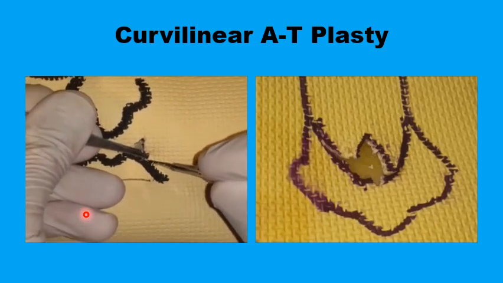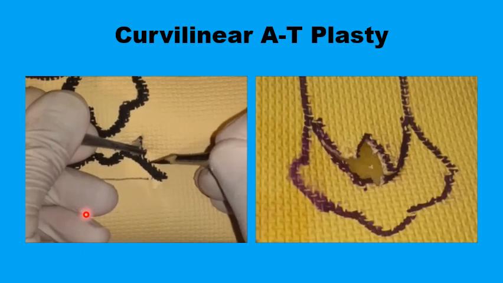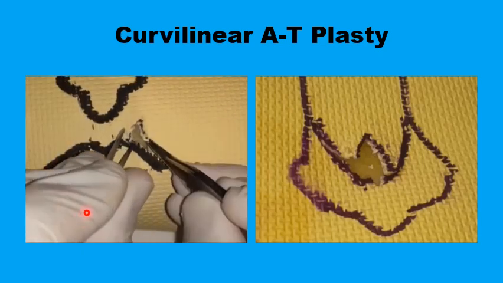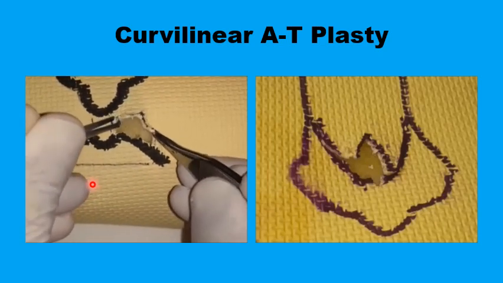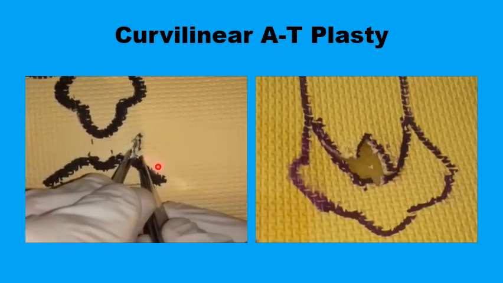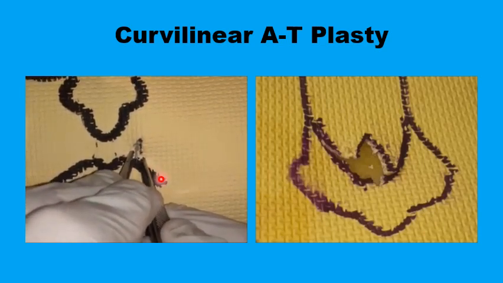By this you've created two flaps on either side of the defect that can be mobilized to meet in the midline with minimal distortion to the line of the lip. That's the whole idea: to keep this horizontal bar of the T as minimally distorted as possible.